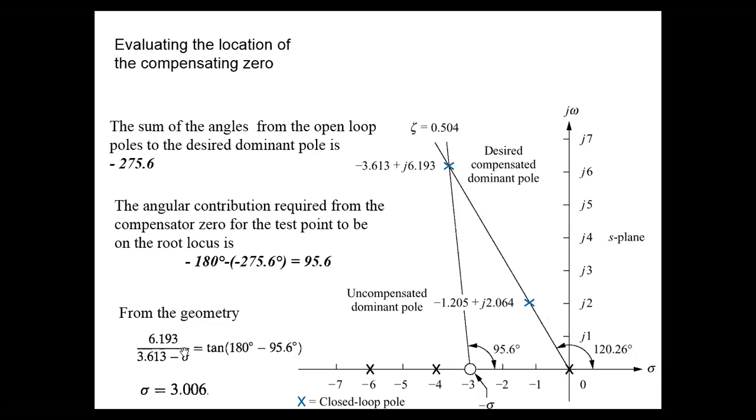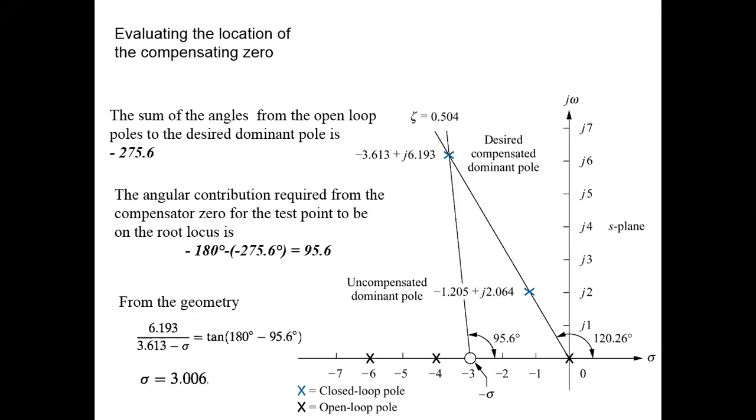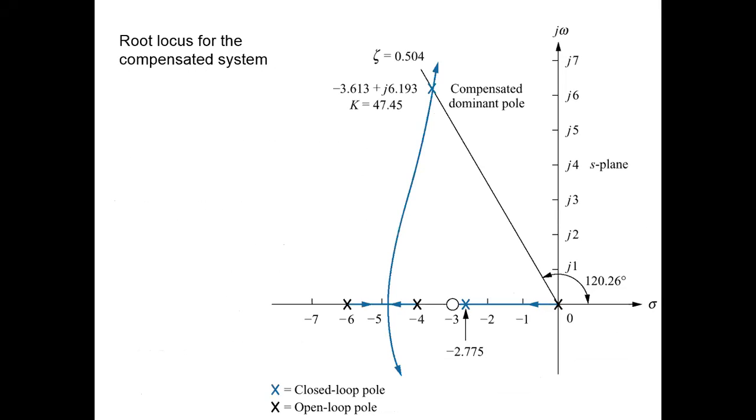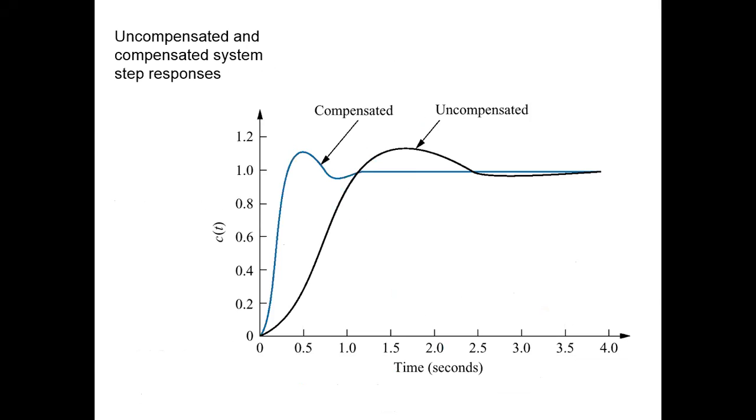Thus we get the real portion 3.006. The complete root locus for the compensated system is this one. So this is the uncompensated and compensated system step response.